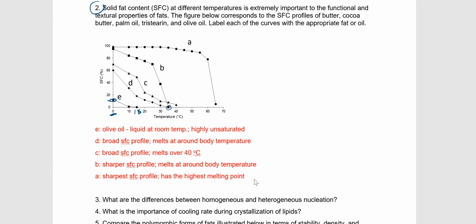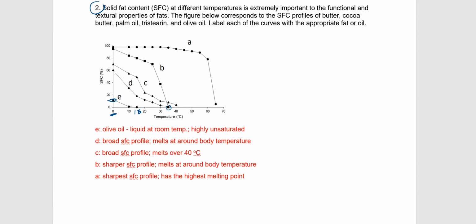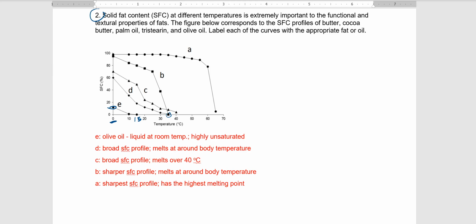Okay, now try to guess which one is which. Since A has the highest melting point, it should be highly saturated, in contrast to olive oil, which has the lowest melting point. And we said it has the sharpest profile, so it's composed of pure triacylglycerols.